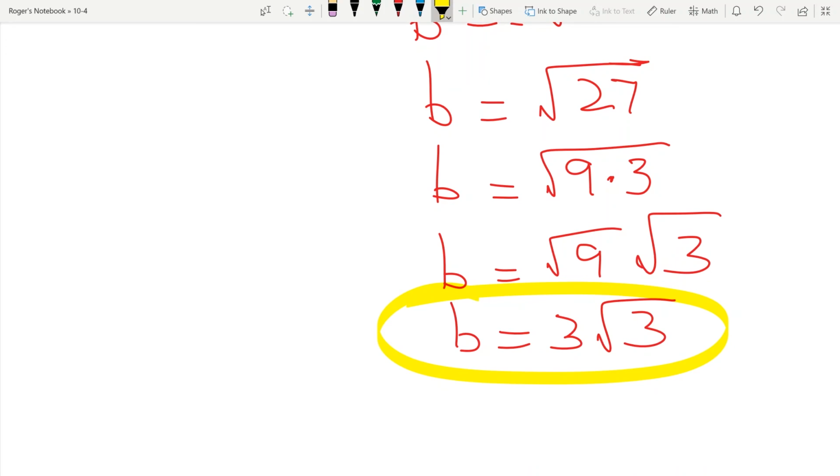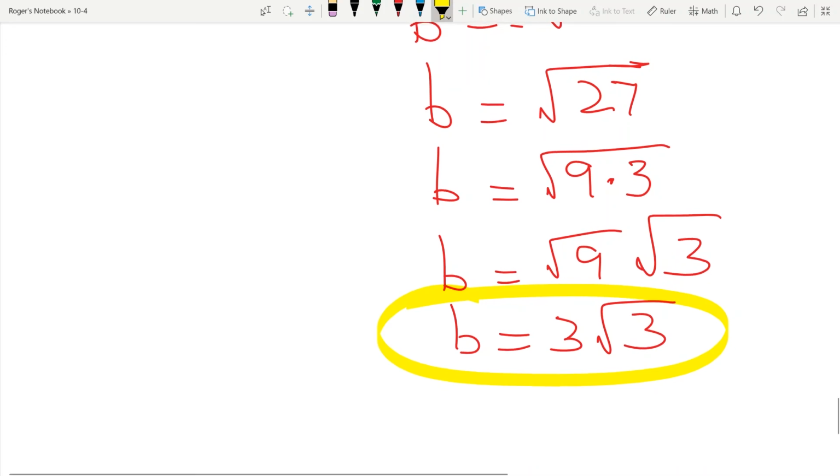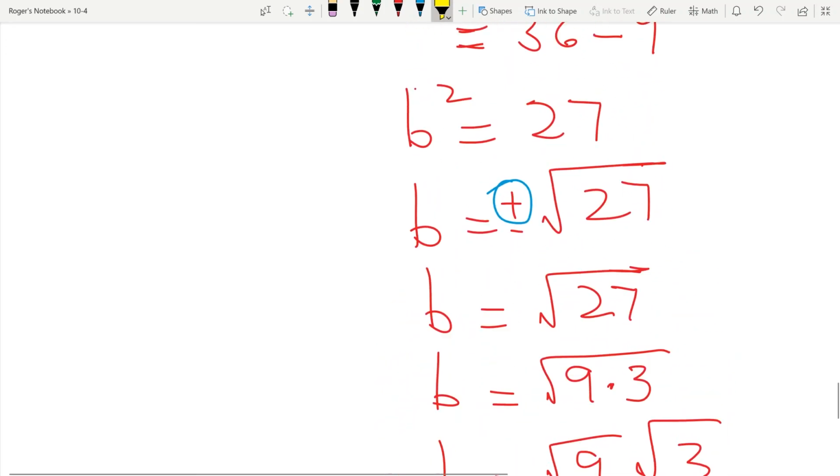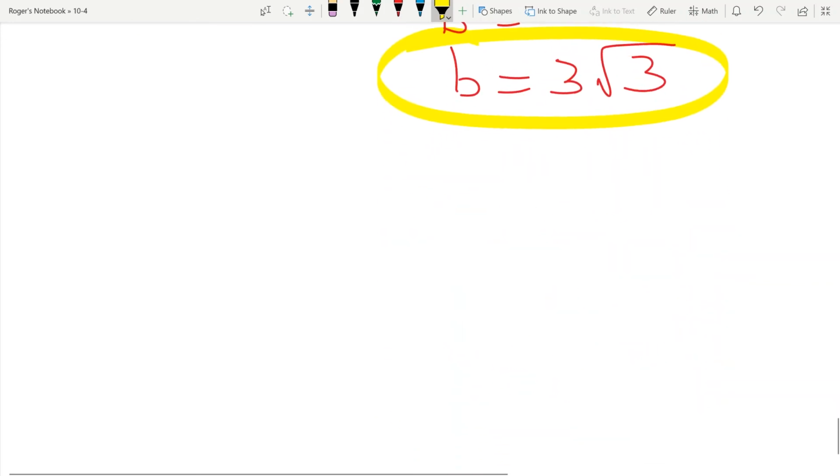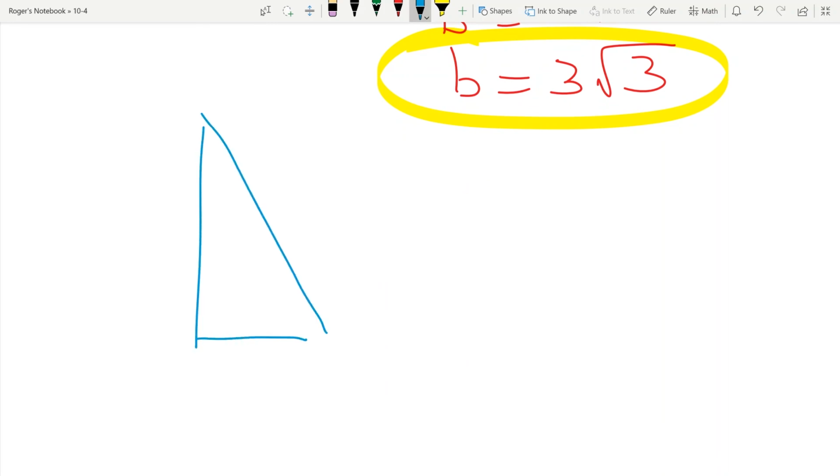Now, this is a very special right triangle that we're dealing with. When you have a right triangle where you have sides in this relationship, it's a special one. And let me just write it down here for you. So if this is 3, this will be 6, and this will be 3 times the square root of 3.